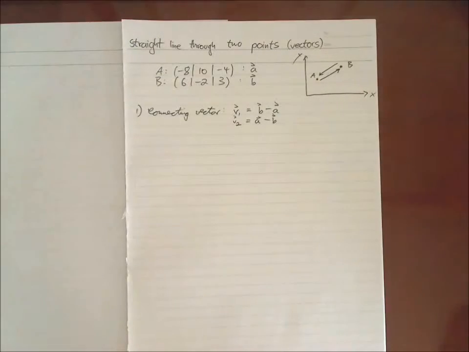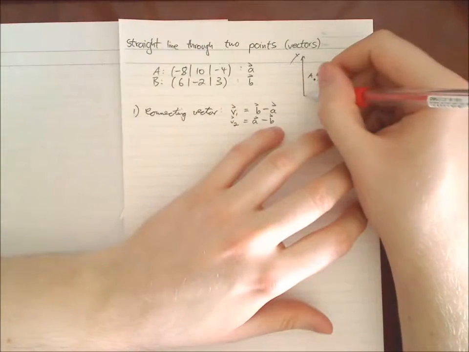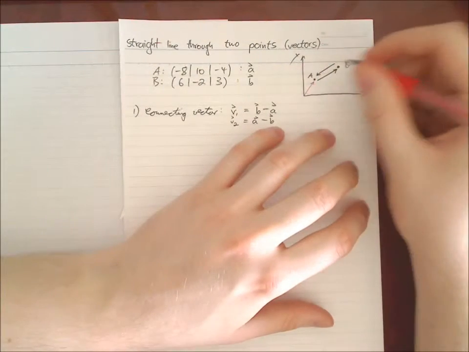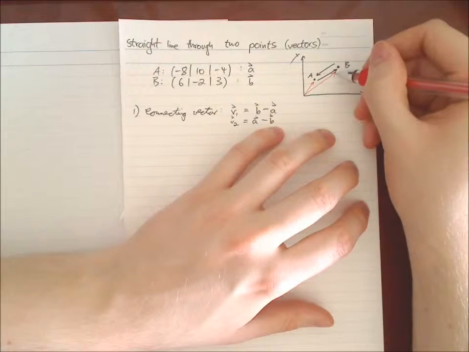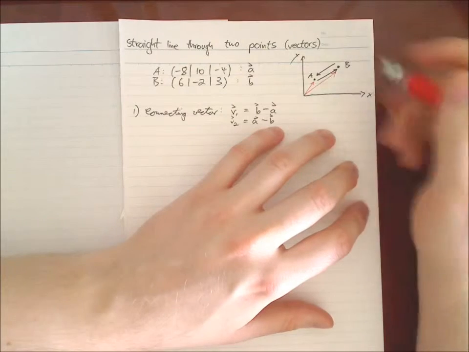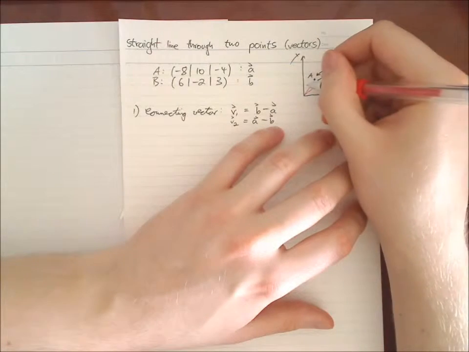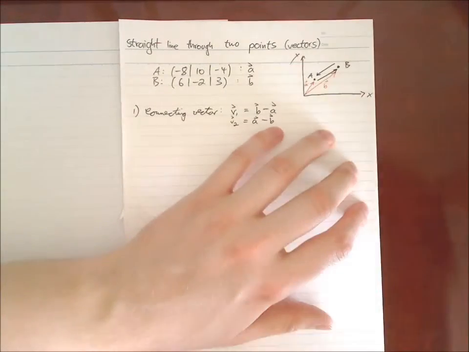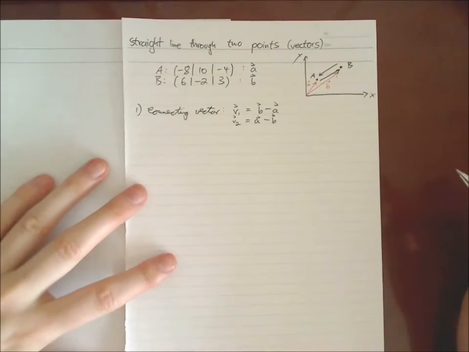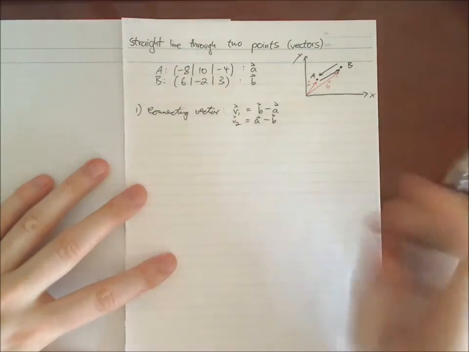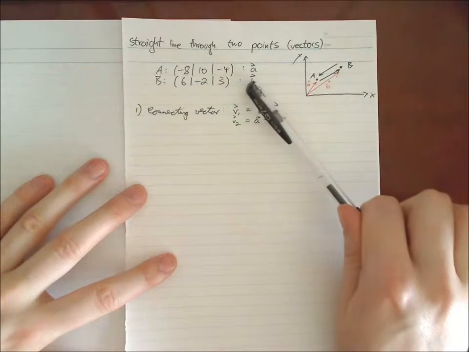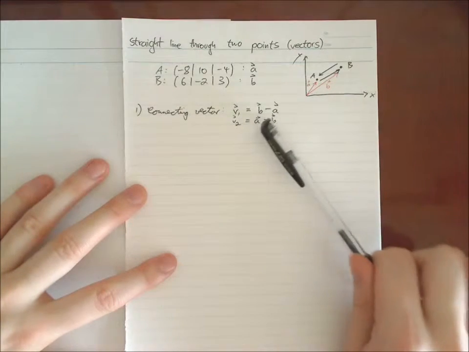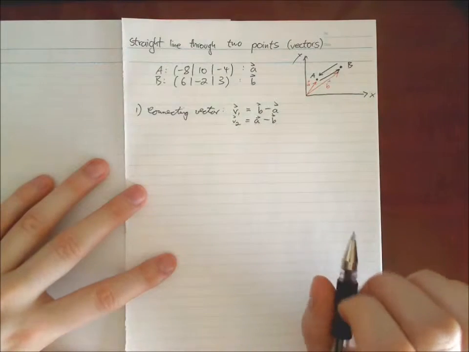And because it's already given, there are also 2 support vectors, which are A and B. The arrow goes to B, this is support vector B, and this is support vector A. For a straight line, we need 2 things: 1 connecting vector, which is the direction vector, and 1 support vector.